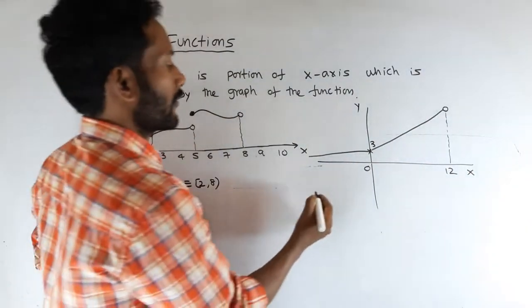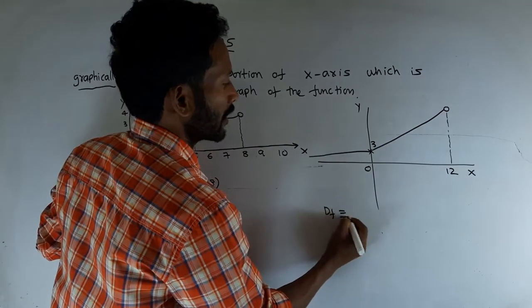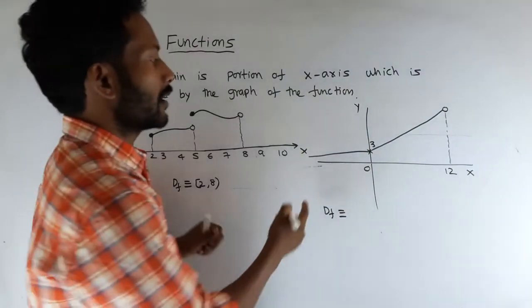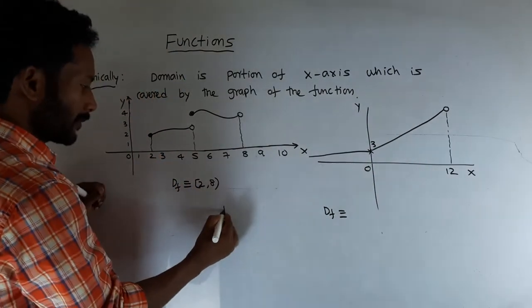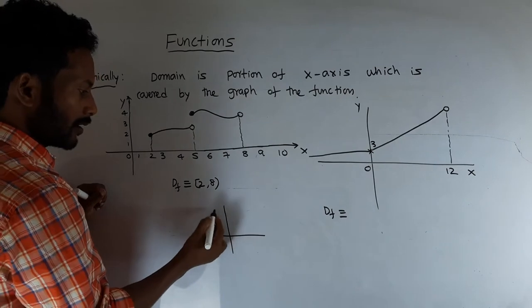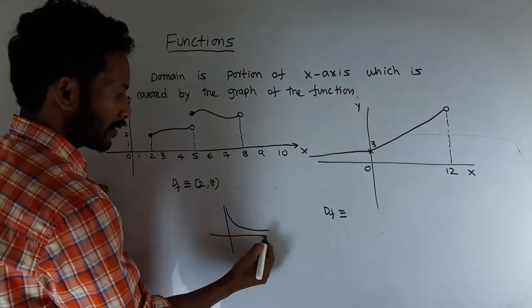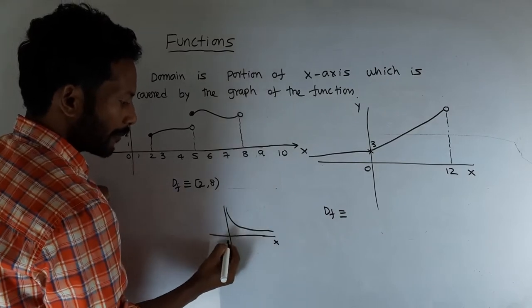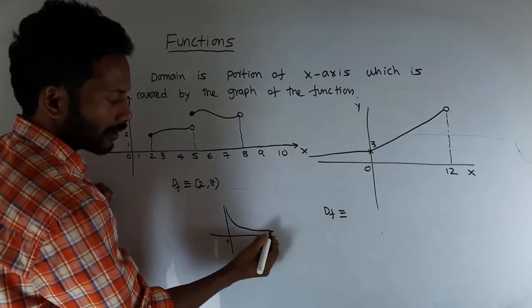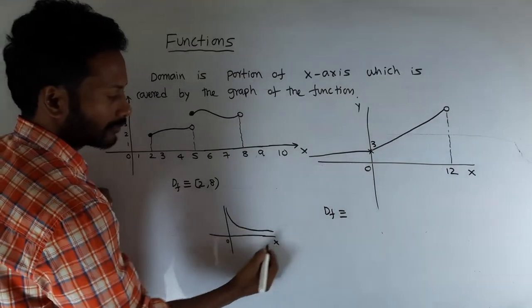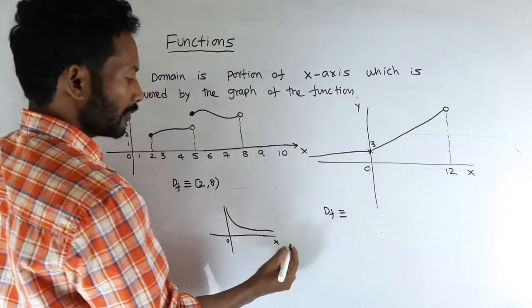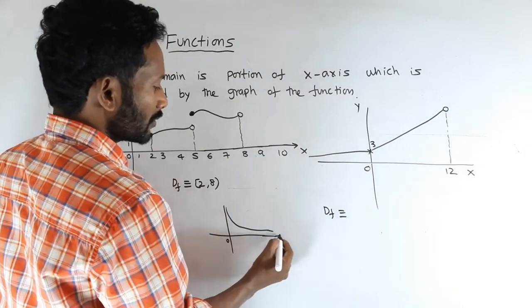Now what is the domain of this function? Domain of this function is, so actually x-axis. This one approaches 0. Graph of this one, this graph approaches 0.